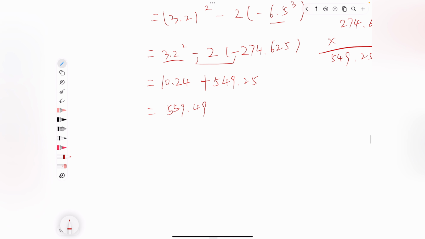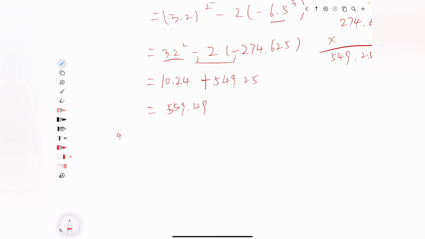So the formula for the general form is like a to the n. Or we can do minus a to the n. For this one, let's say a is greater than 0.